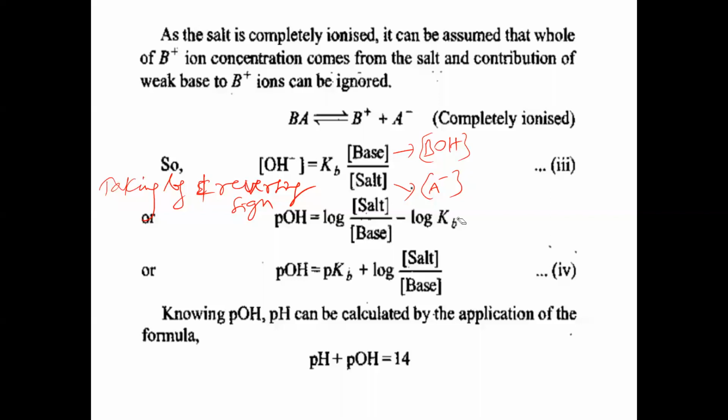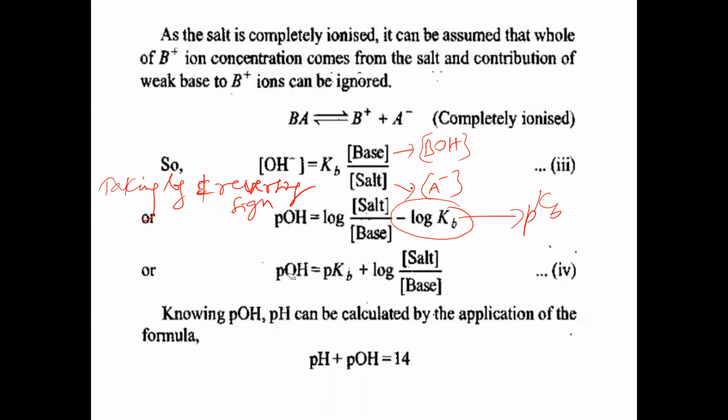And this minus log Kb is nothing but pKb. Minus log Kb is equal to pKb. So like this, pOH is equal to log of salt concentration by base concentration minus log of Kb value. Kb is the ionization constant of the weak base.